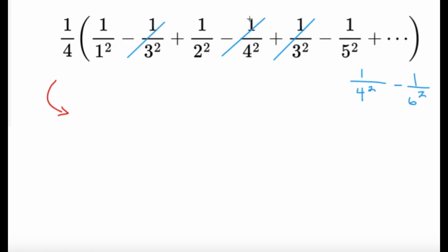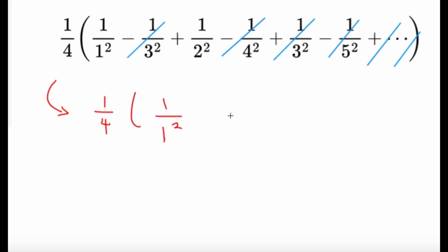So this 1 over 4 squared cancels with that 1 over 4 squared. Following this pattern, everything else is going to be cancelled. So what remains in the sum is simply 1/4 times (1 over 1 squared plus 1 over 2 squared), because everything else cancels. The only thing we have to evaluate right now is just this.